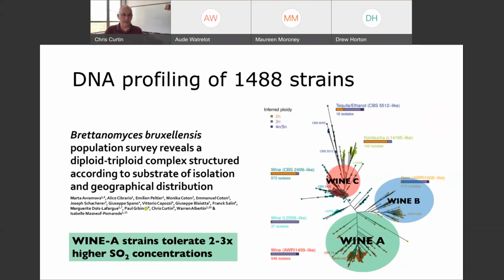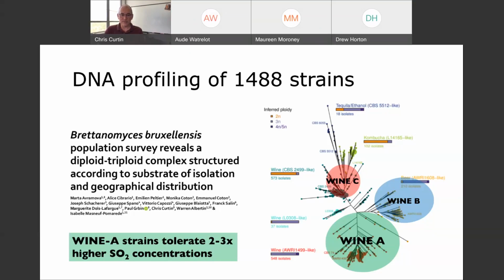So in Australia and France, the data conclusively shows that wine A strains are by far the most common. And that may reflect the usage of sulfite by winemakers in the regions that were studied, more so than others. Hard to know, we don't really have a full handle on that yet.